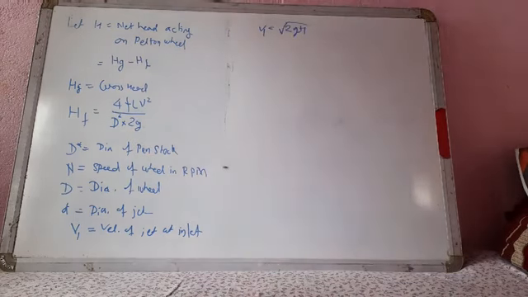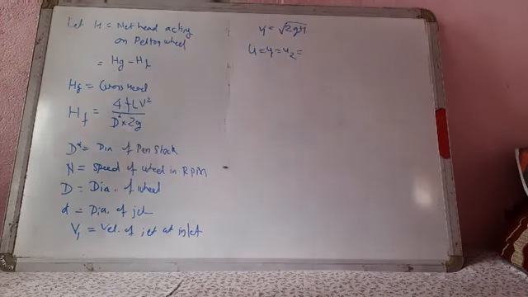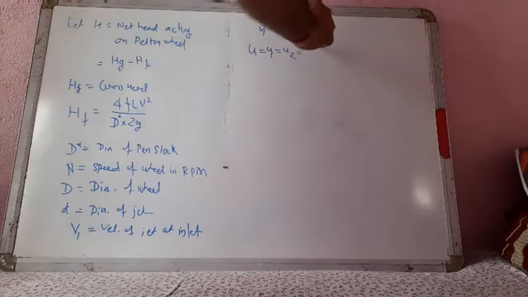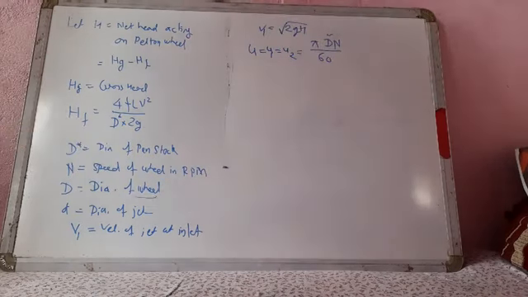And as we know, U equals U1 equals U2 equals pi D N by 60, where D is the diameter of the wheel.